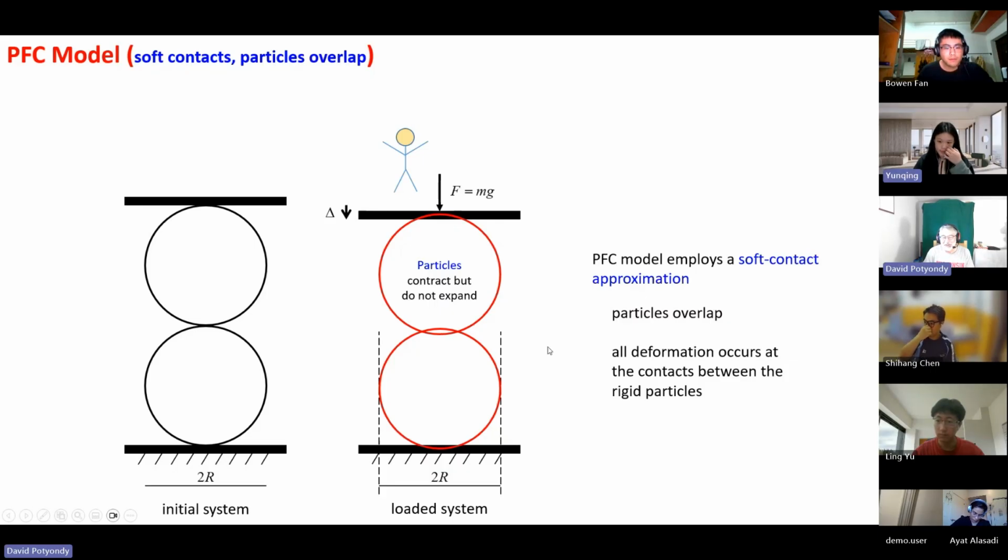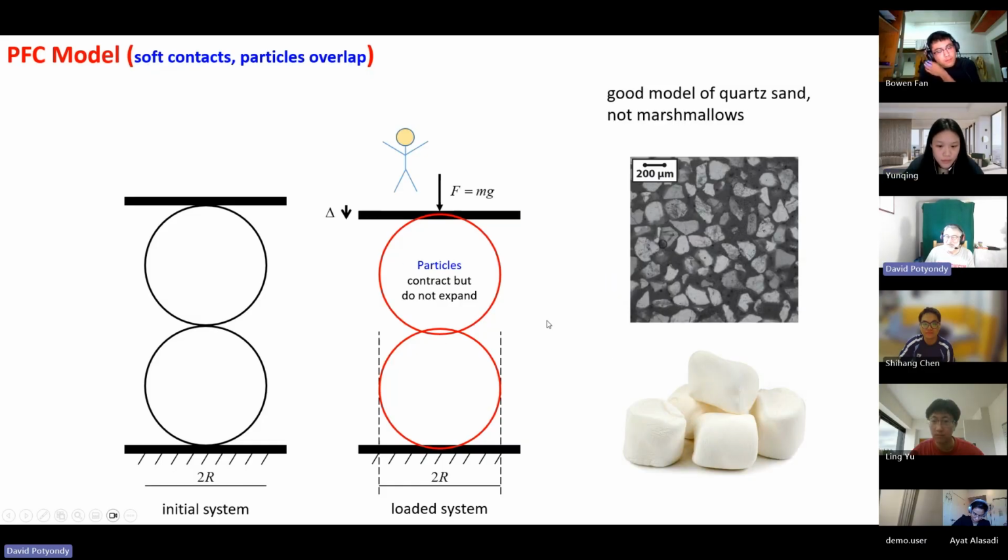And so all of the deformation, what's the deformation? Delta is the macroscopic applied deformation. Some of that is this. So if you take this overlap plus that overlap plus that overlap, that's going to be the delta. It's all going to happen at those contacts, and these guys won't change shape. Okay. And so that would be a good model of something like a dry quartz sand here. That's a dry quartz sand, right?